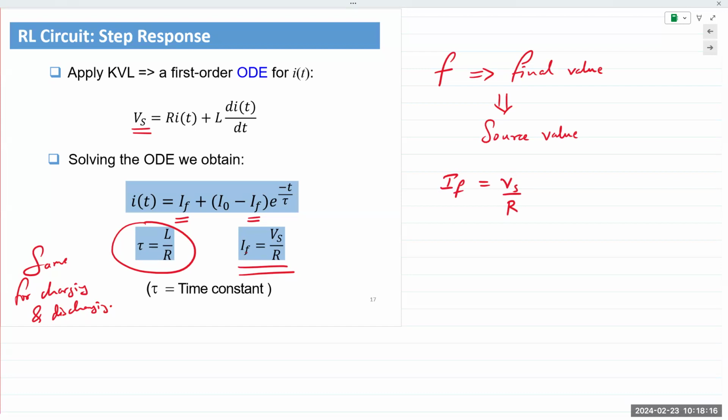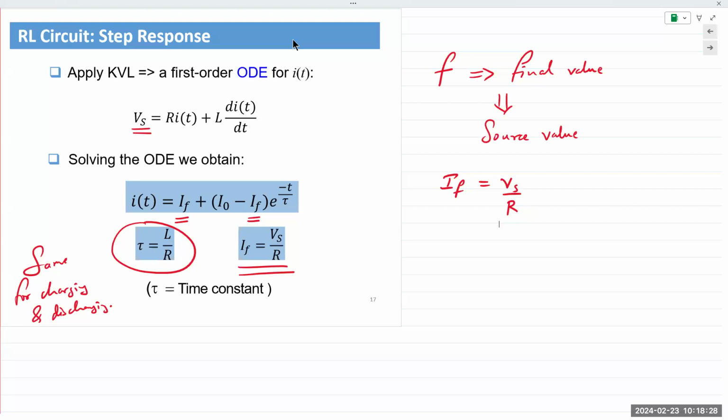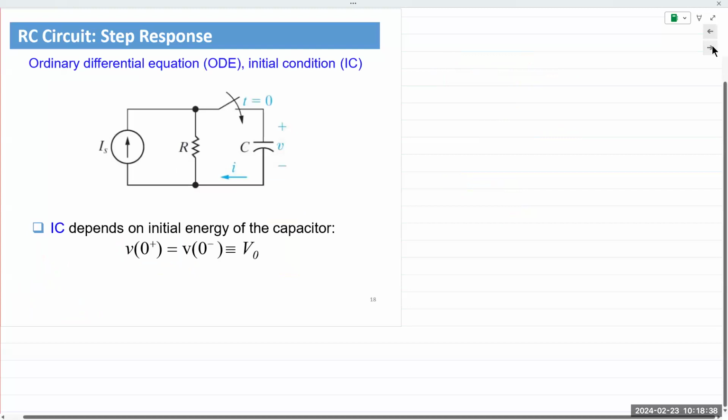IF would depend on the source. If a current source was given, we would simply take the current source value directly. But if it's a voltage source, apply Ohm's law and calculate the current from there. Make sense? Okay. Then the same thing for an RC circuit.